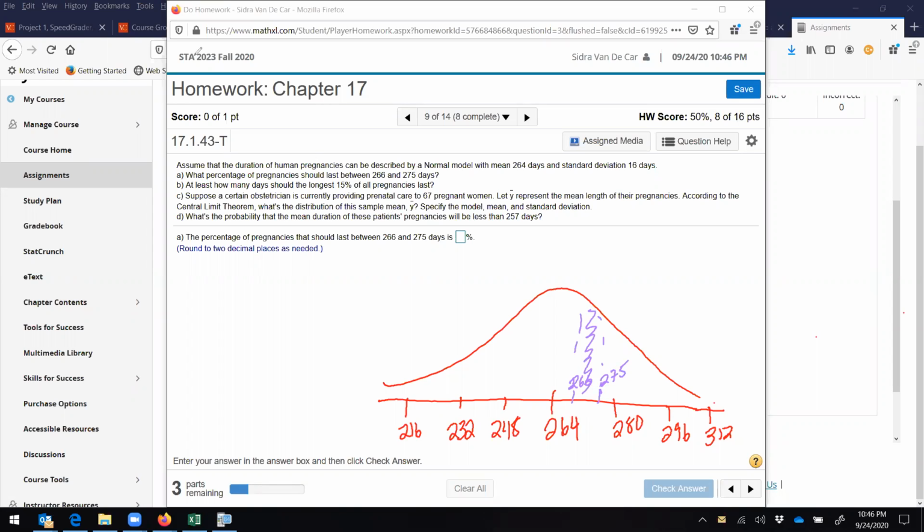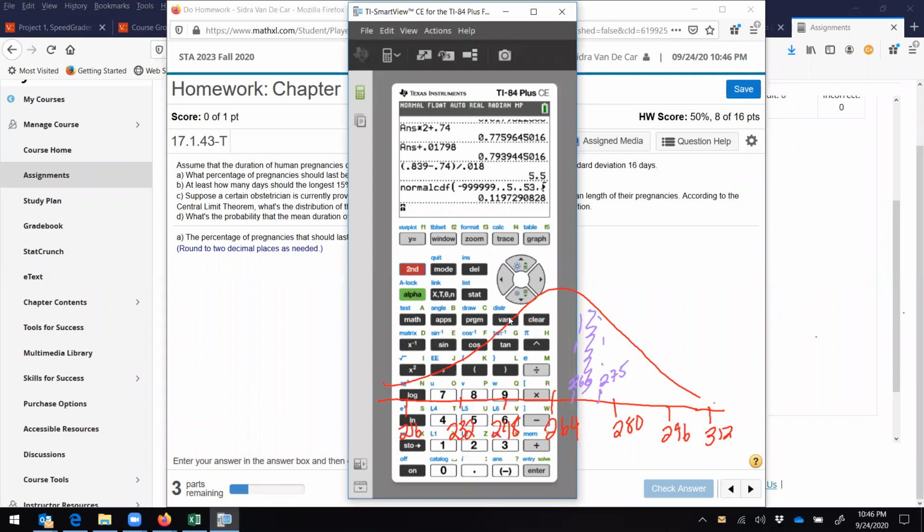Okay, so we're going to go to our calculator. We're going to go second distribution, normal CDF. The lower bound is the 266. The upper bound is the 275. The mean is the 264.